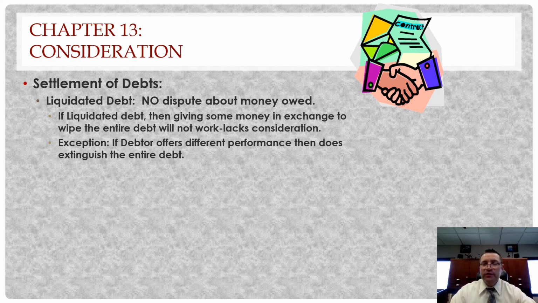I mowed your lawn 4 times, $20 apiece, $80 in total. If it is a liquidated debt and we know exactly what it is, then giving some money, that's $60 we talked about, giving me instead of the full $80 to wipe out the entire debt does not equal consideration and would not be considered a new contract. I could still turn around and sue you for the $20.